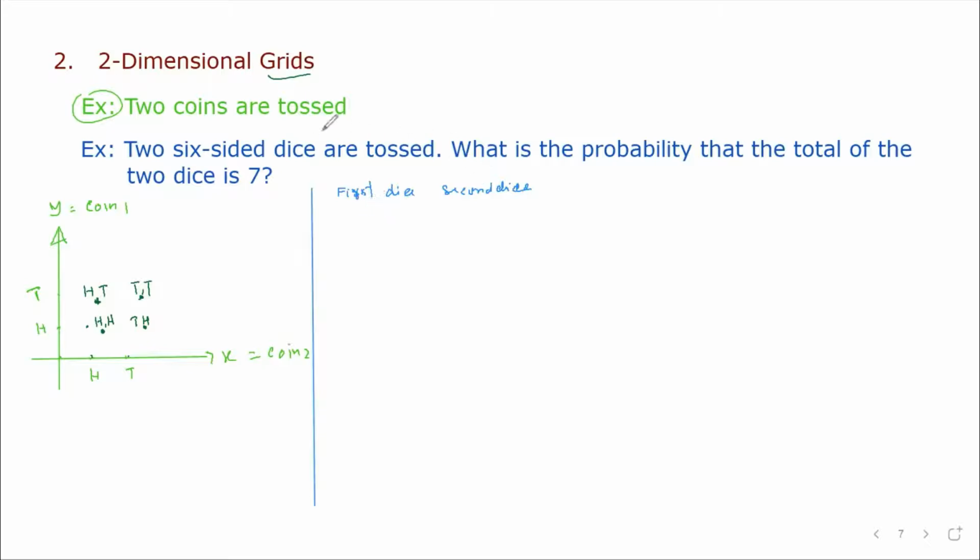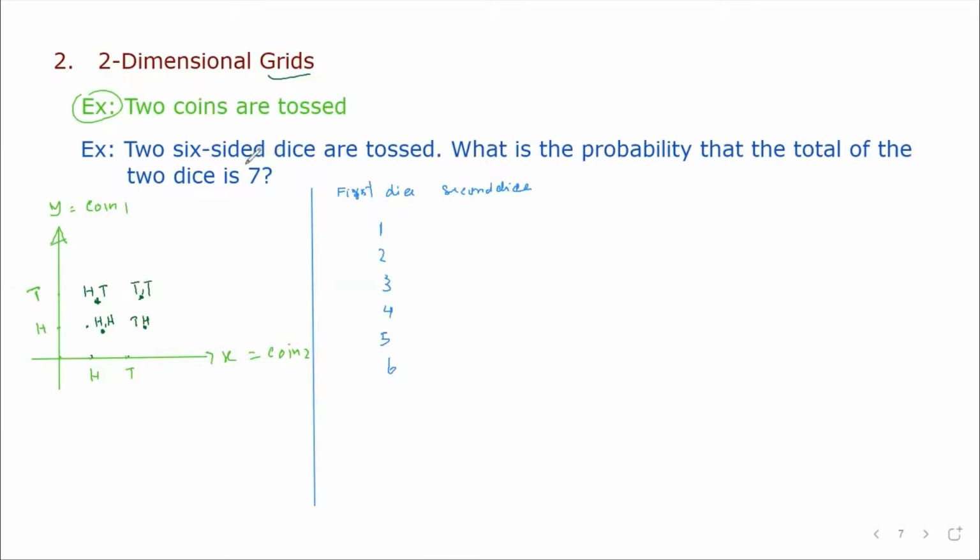Because these are two six-sided dice, right? So a die has what numbers? 1 to 6, right? So the first one should have numbers 1, 2, 3, 4, 5, 6. Then what should the second one be?